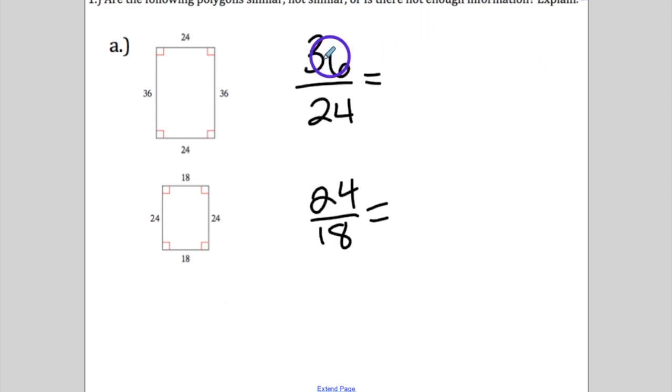So 36 over 24, the largest number that goes into both of those would be 6. Oh, excuse me. The largest number that goes into both of those is 12. So 12 goes into 36 3 times, and 12 goes into 24 twice. And for the 24 over 18, the largest number that goes in would be 6.